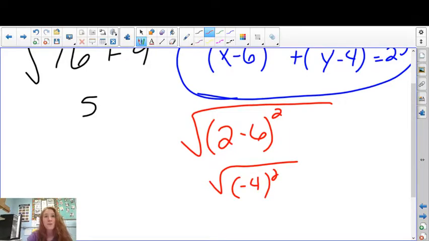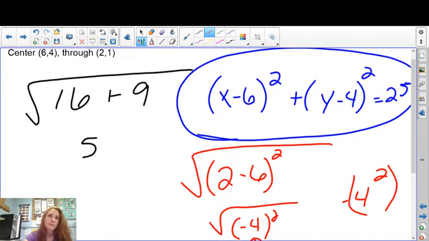It's not negative 4 to the second. If you plug this into your calculator without parentheses, what it's going to do is square the 4 and then multiply it by negative 1. Whereas I want negative 4 times negative 4. That's probably why you didn't get 25.